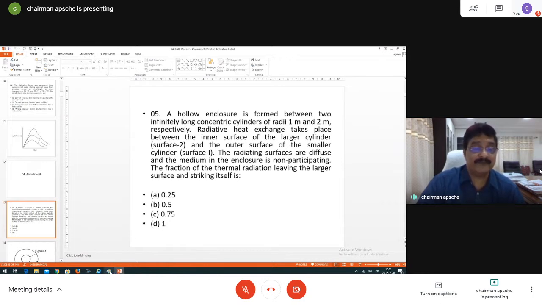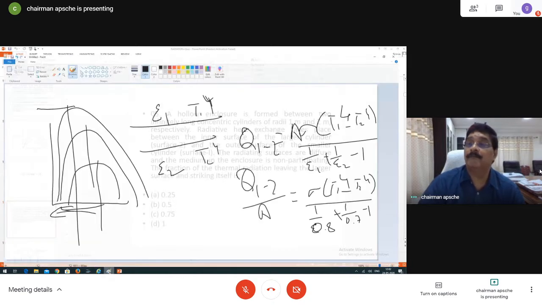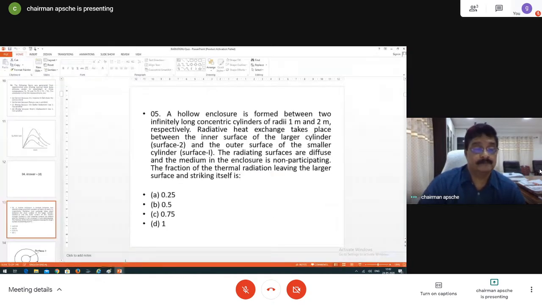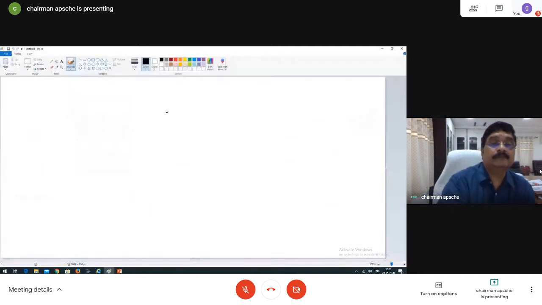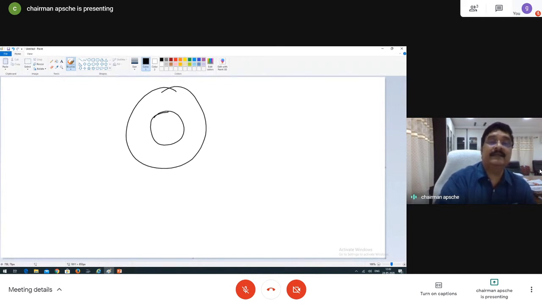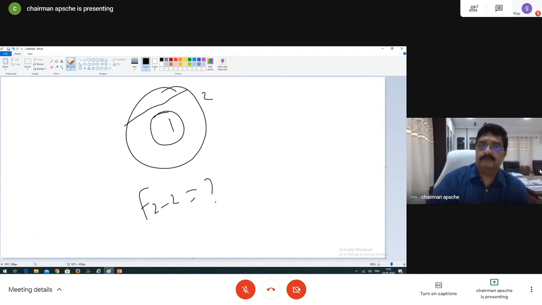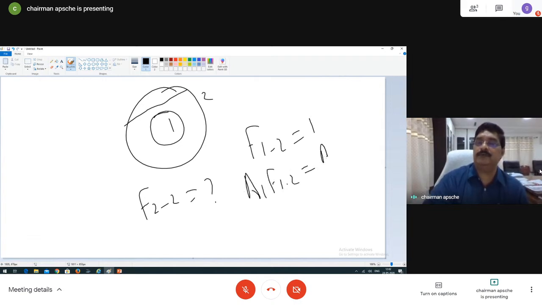He is asking F2 to 2. Two long concentric cylinders. This is 2, this is 1. Leaving surface to striking itself, that is, what is F2 to 2. For the smaller cylinder and the large enclosure, F1 to 2 is equal to 1. And going by the reciprocity theorem, A1 F1 to 2 is equal to A2 F2 to 1.